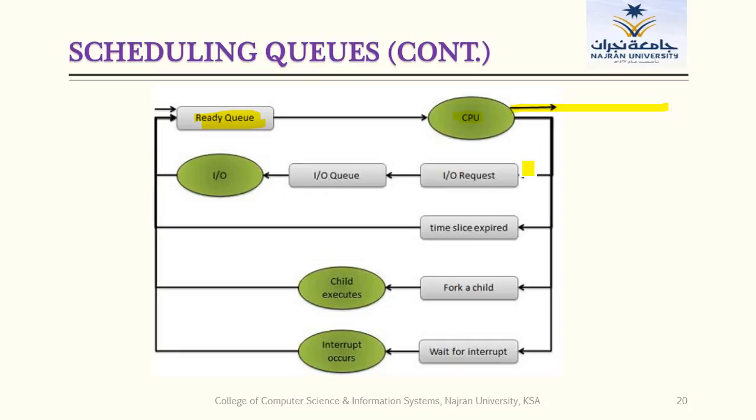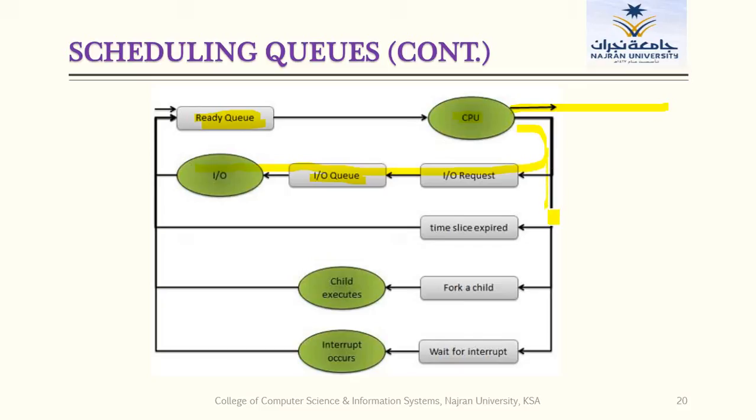Or maybe it gives some IO request and the process moves to the IO queue, or device queue, and from the device queue again it goes to the ready queue, and from the ready queue again to the CPU. This is the first possibility, that from the running state it is moved to the device queue, or we also say IO queue, input output queue. It makes one request and moves to the IO queue.